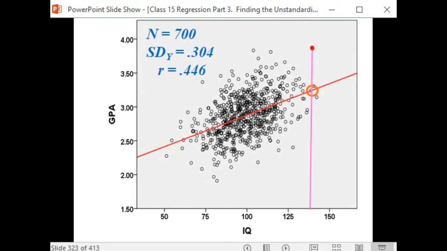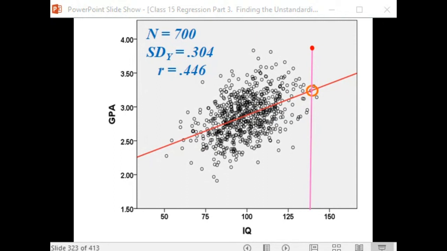Now, this orange circle shows the prediction point on the regression line for this student. For a student with an IQ of about 140, what is the predicted grade point average? Now, I want you to guess that. Take a look at this. And remember, it's just an estimate, just a guess. Give me your best estimate.